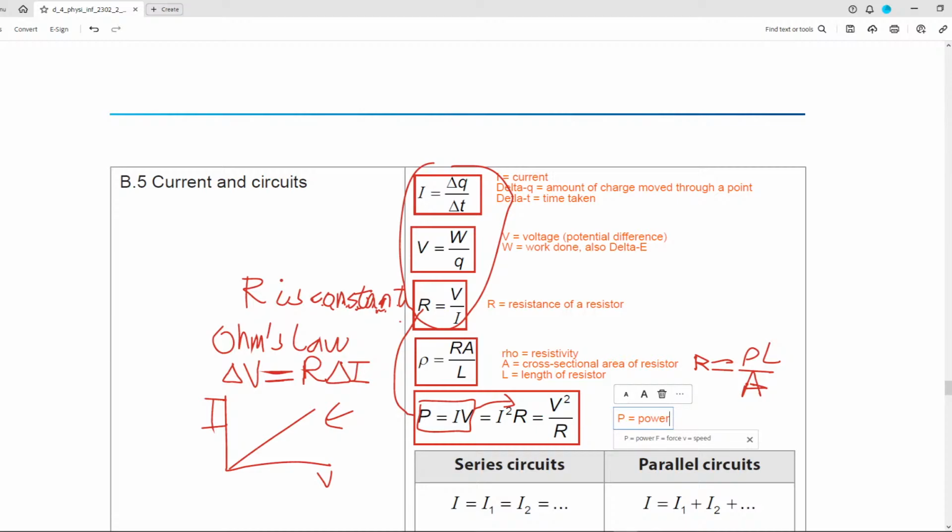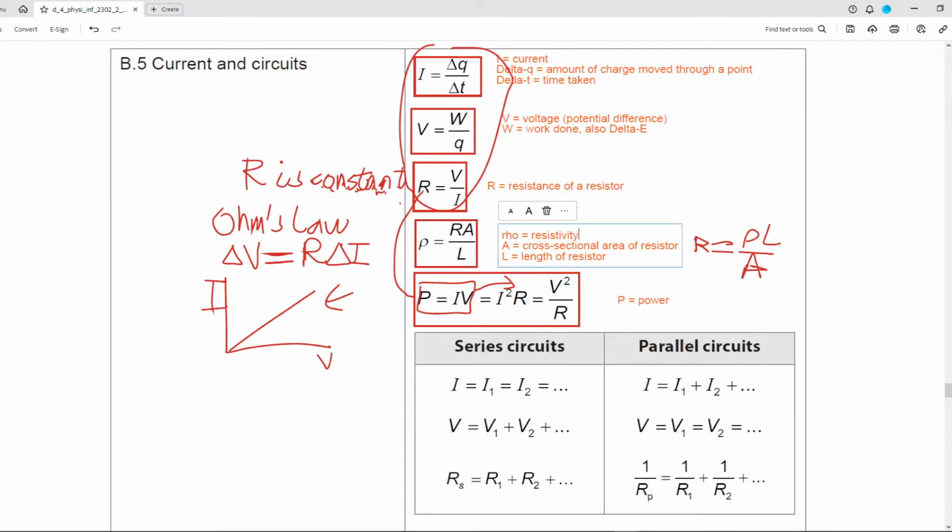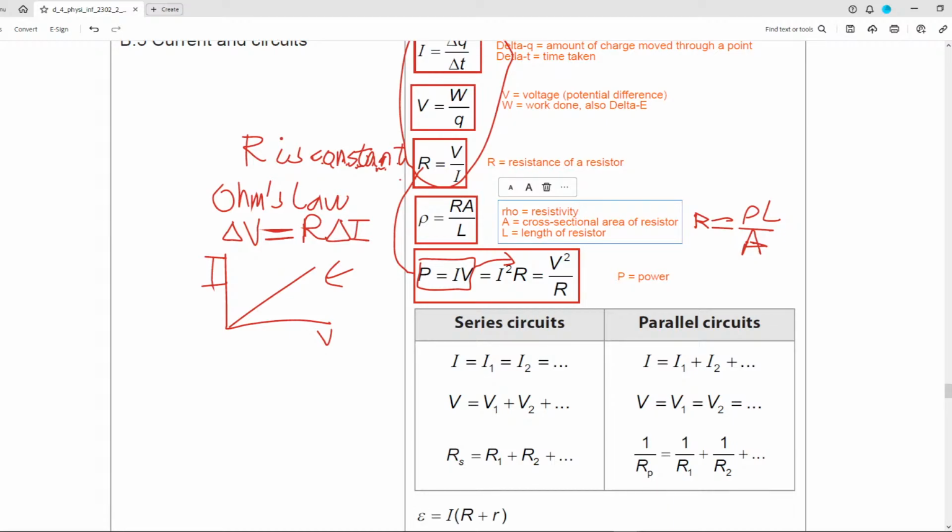To get P equal to I times V, you can just use the definition of power, which is energy over time. Just add charge in there, charge over time, and you're done. You can derive that as well. Using the definition of resistance, we can find the remaining two formulas. So all three of these calculate power.